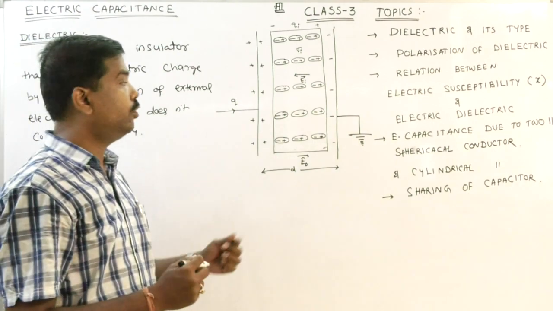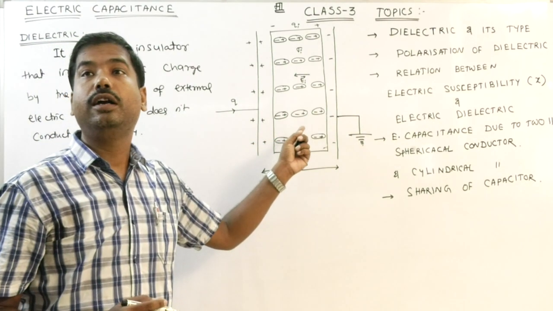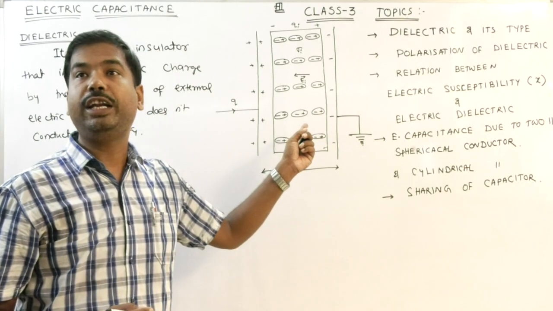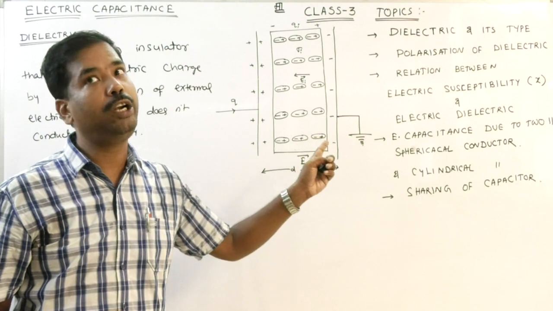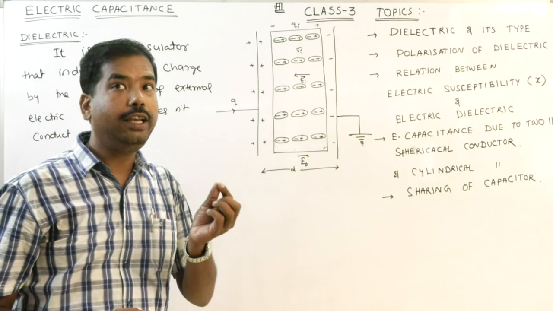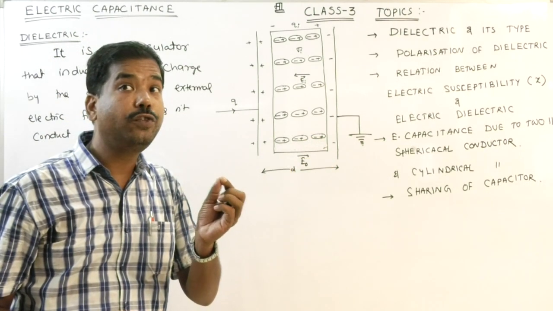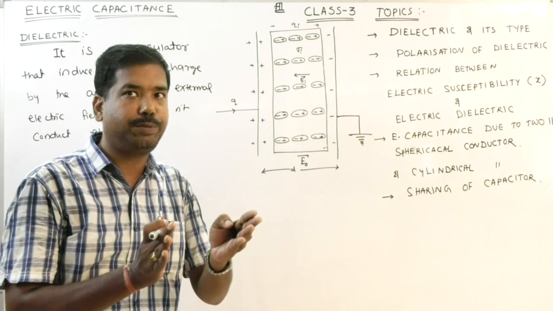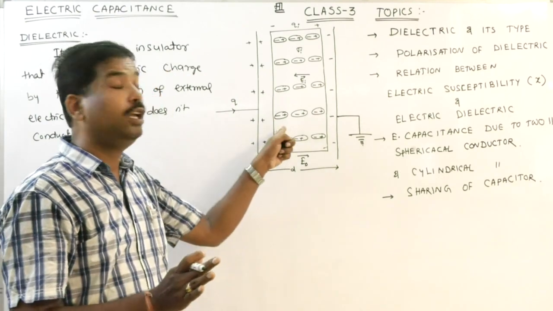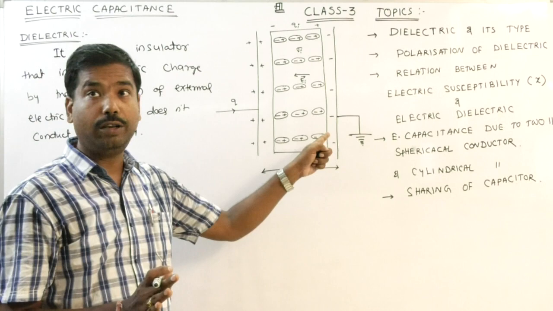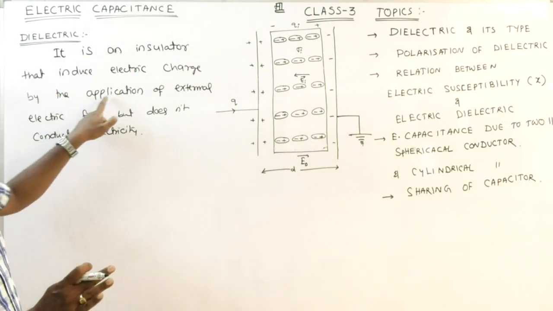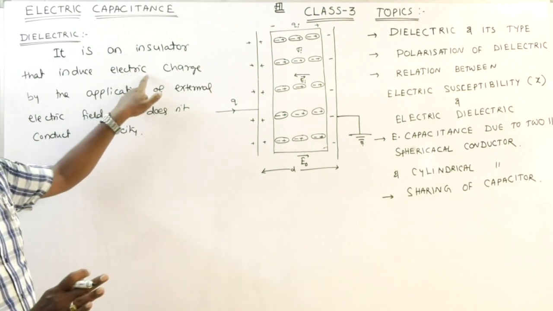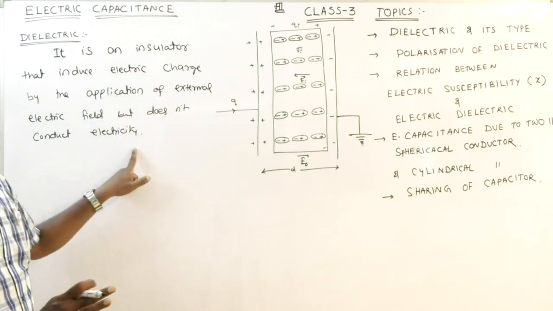I would like to say that when some potential difference is maintained across the dielectric slab, then there is no current flow because there is no movement of charge. Clear? Only the positive charge and negative charge of each atom, their center of gravity get displaced. Clear? But there is no movement of the charge. Clear? So I have discussed that it induces electric charge but does not conduct electricity.